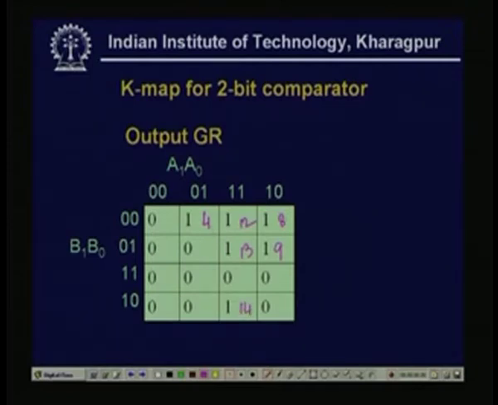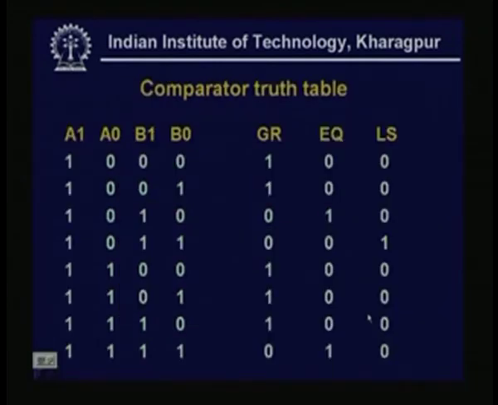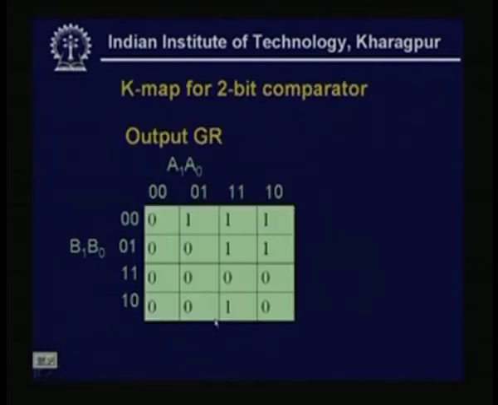So, 4, 8, 9, 12, 13, 14 are the minterms of 1 for GR.